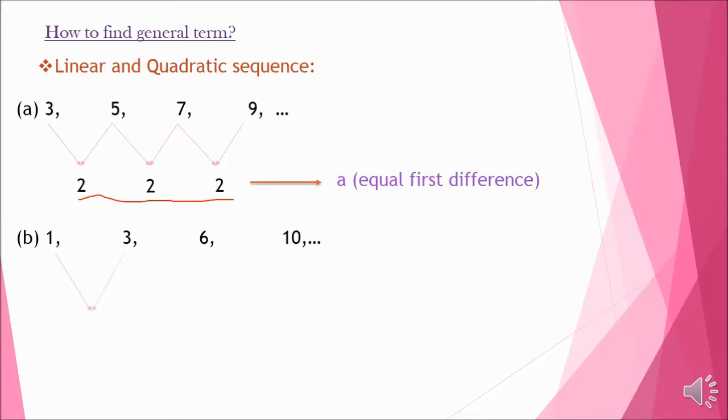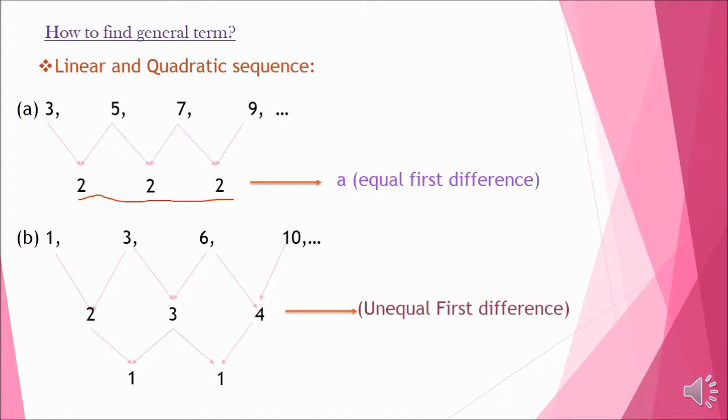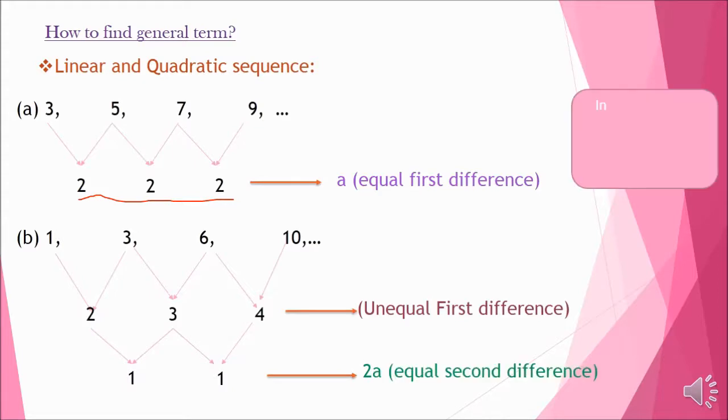In the second sequence, the first difference is not equal, but the second difference is equal. The first difference and second difference are represented as a and 2a. In this sequence, the first difference is equal.